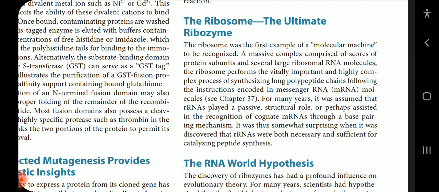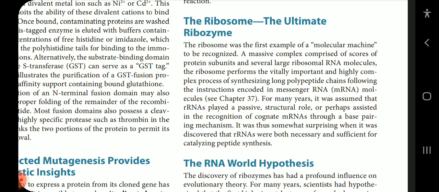The ribosome, the ultimate ribozyme. The ribosome was the first example of a molecular machine to be recognized, a massive complex comprised of scores of protein subunits and several large ribosomal RNA molecules. The ribosome performs the vitally important and highly complex process of synthesizing long polypeptide chains following the instructions encoded in a messenger RNA, mRNA, molecule.